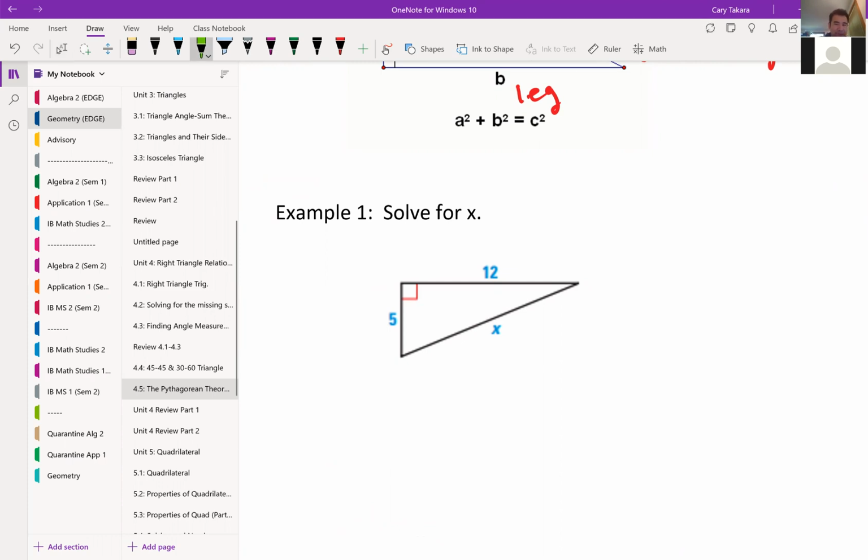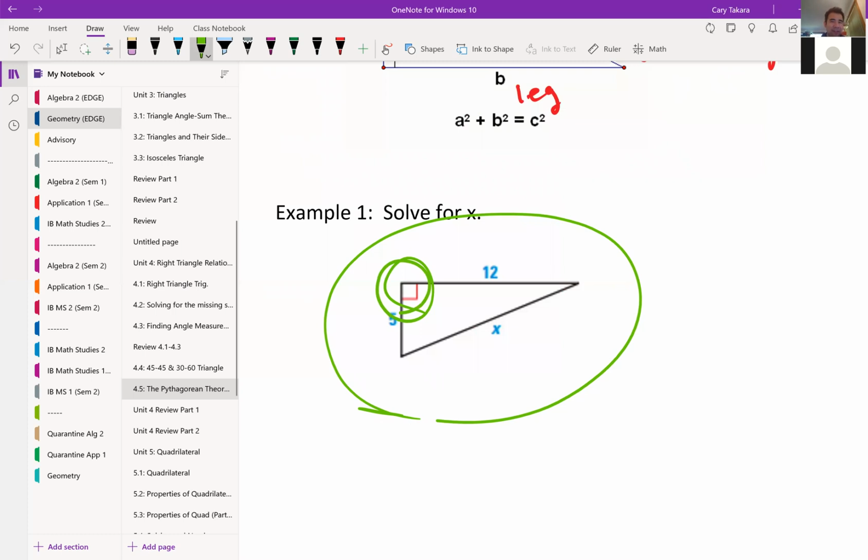Now, first of all, you look at this triangle and ask yourself, is this a right triangle? Yeah, it is. There's a 90 degree angle right here. And does it involve all 3 sides? Yeah. There are no angle measurements besides the 90 degrees, so you can't use SOHCAHTOA.